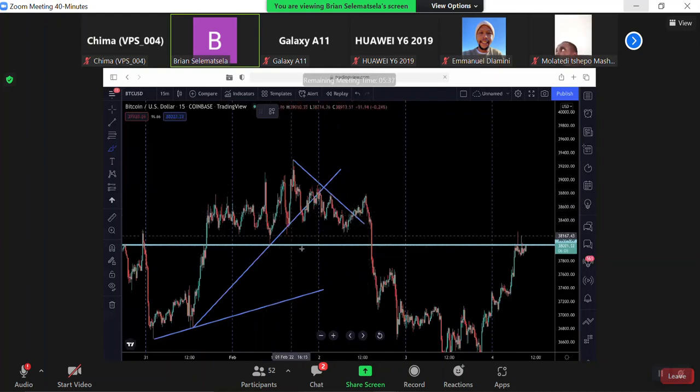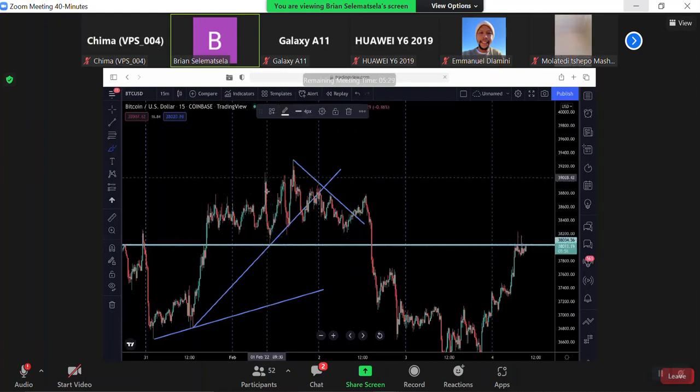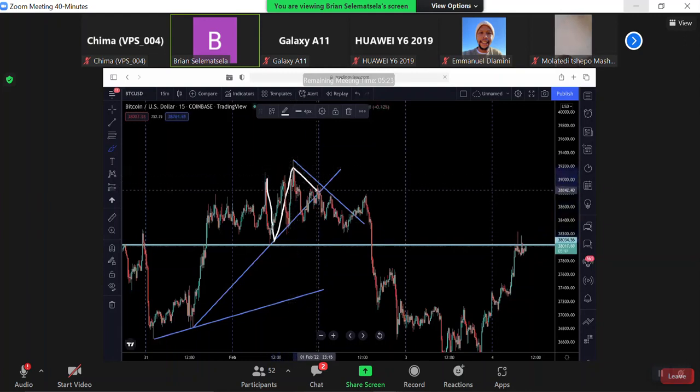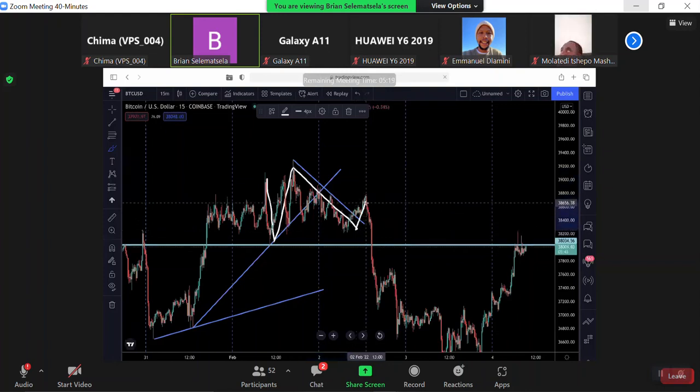But if I had looked at where I connected my first layer, the second point of my first layer, you see there was some sort of a cup there. So I want a situation where it comes in and breaks. That's when I can draw a footprint line, because I couldn't draw a footprint line before.